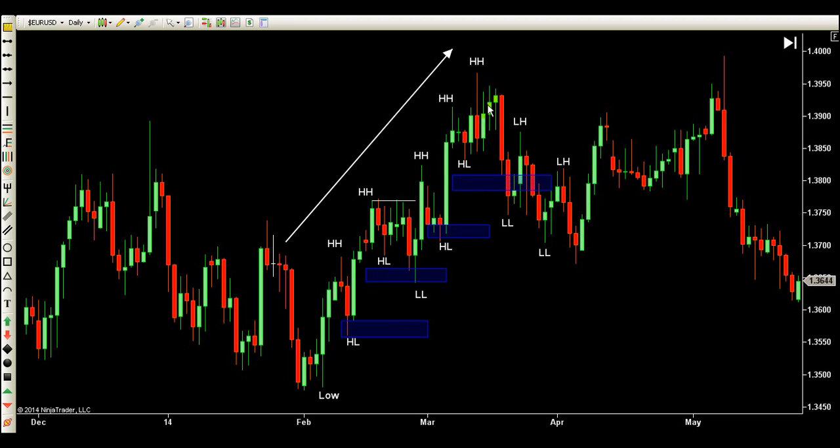All you can do is watch for these zones being broken like this. We look here, you can see it bounced out of the zone, bounced out of the zone, bounced out of the zone, but this one here broke straight through it. So you didn't see any reaction at this Fibonacci box, so that's a good sign that the actual price trend may be reversing.